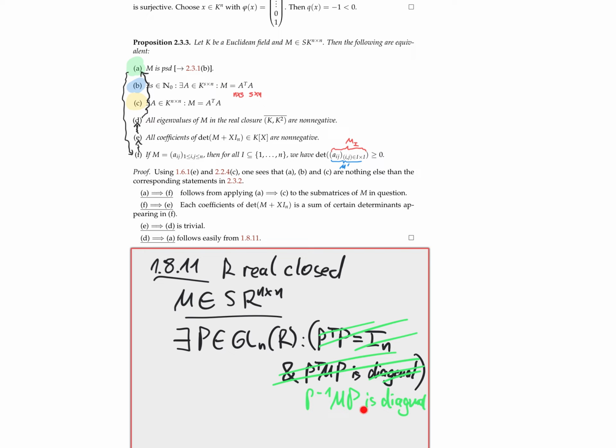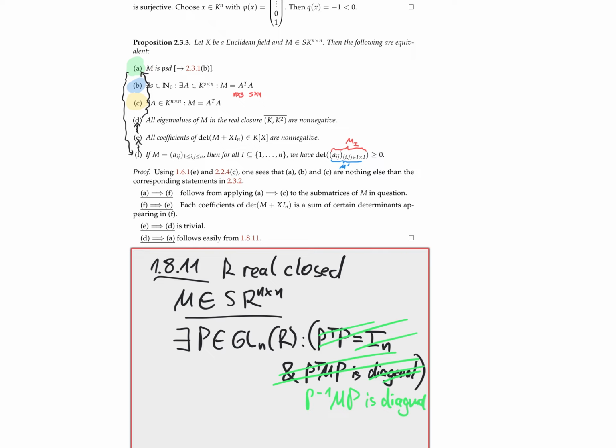Yes, and since this is diagonal, because I have here the P to the minus 1, you see that the diagonal entries are the eigenvalues. So I get here a diagonal matrix. If D is true, I get a diagonal matrix with non-negative entries, right? And now why is the matrix PSD?